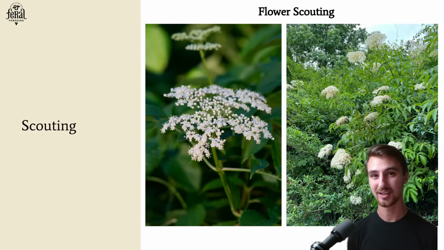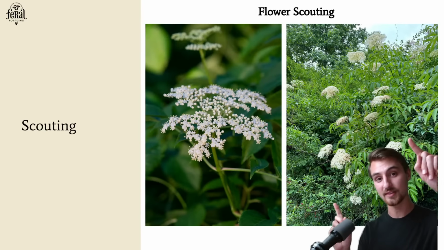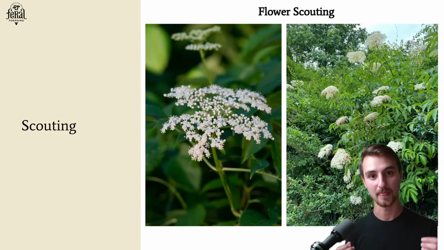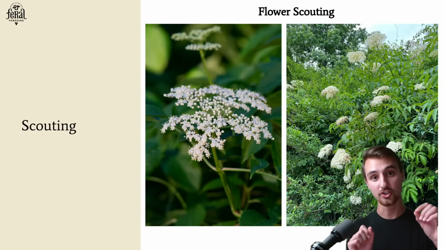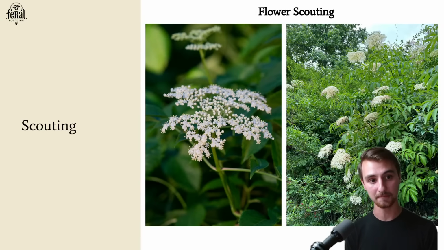On top of that, those dark purple berries, they're kind of visible, but they aren't that visible, especially compared to this detail right here, the flowers. Elderberry has huge plumes of white flowers. During the time when elderberry is flowering, you could see elderberry from hundreds of yards away with ease.